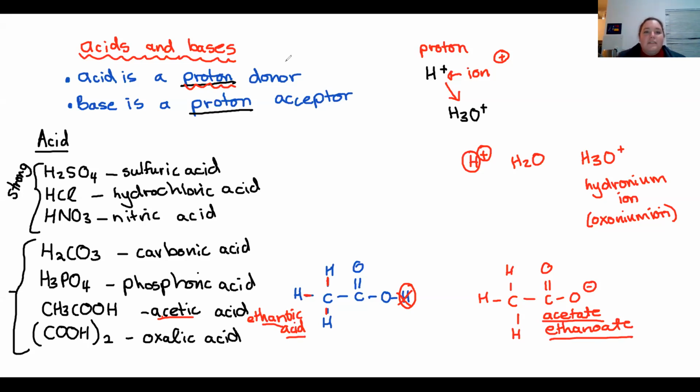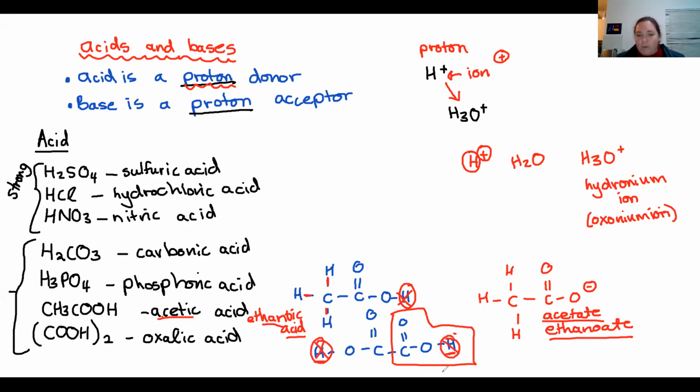The next important thing is that oxalic acid is C double bond O, O, H, C double bond O, O, H. Because it's got two carboxyl groups from a carboxylic acid, remember that's that functional group, it's actually got two protons that it can lose. So when it loses those protons, this one will go and this one will go.